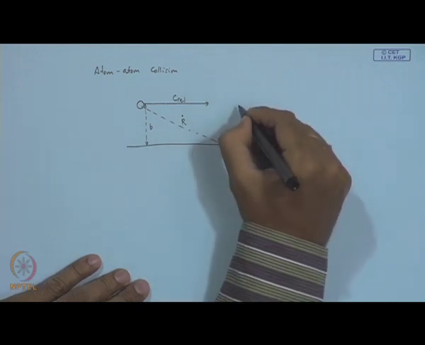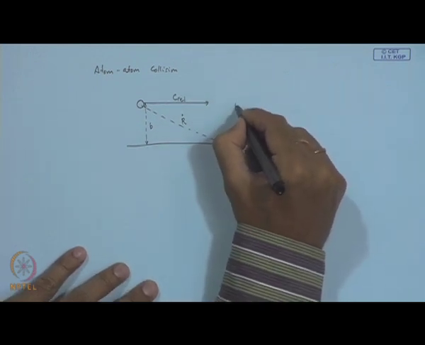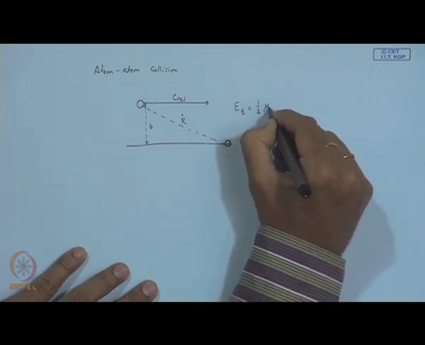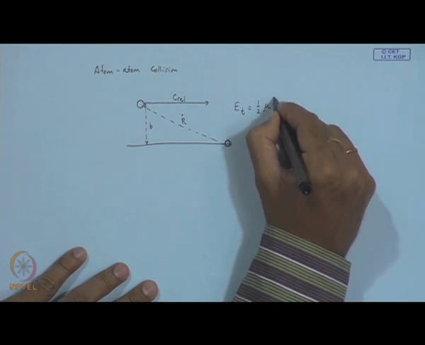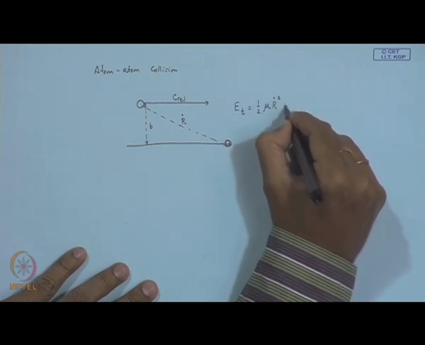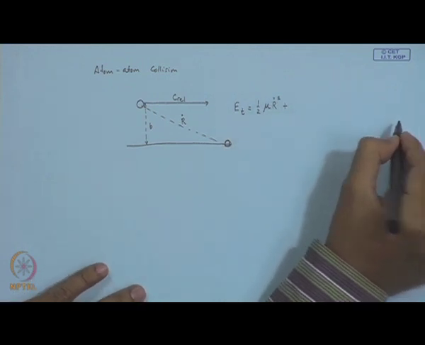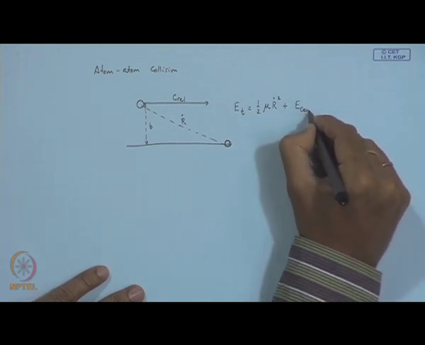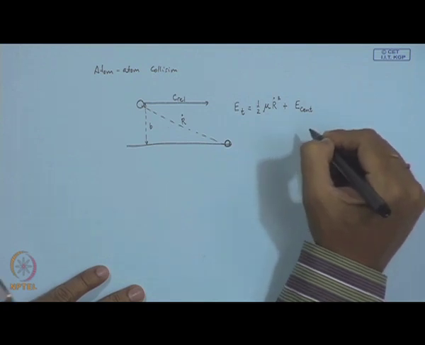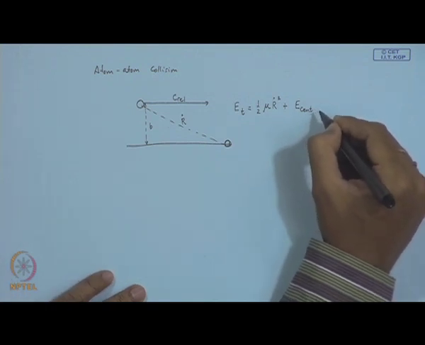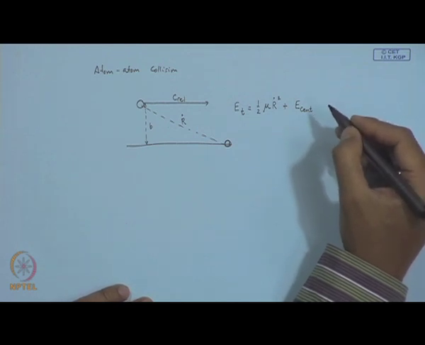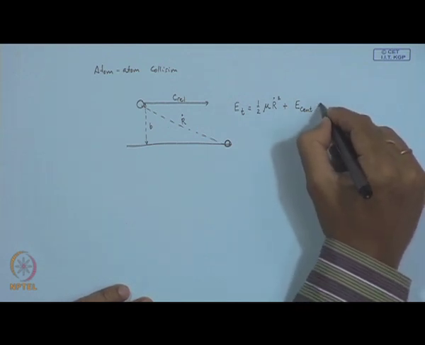So, translational energy E_t can be written as half reduced mass times R dot squared plus your centrifugal energy. If you want to know more, you can consult any standard classical mechanics textbook, maybe by Herbert Goldstein.